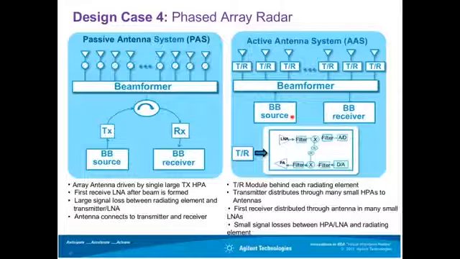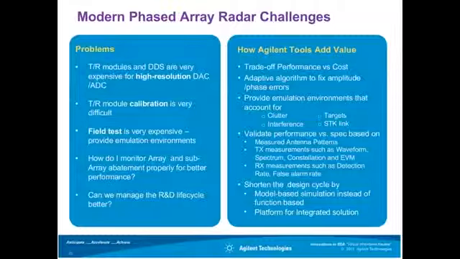In this way, we avoid the power loss, and the electronic scanning allows us to get better performance. So that's what people are doing. For such a phased array system, we encounter a lot of problems. The challenge is how we can solve these problems.